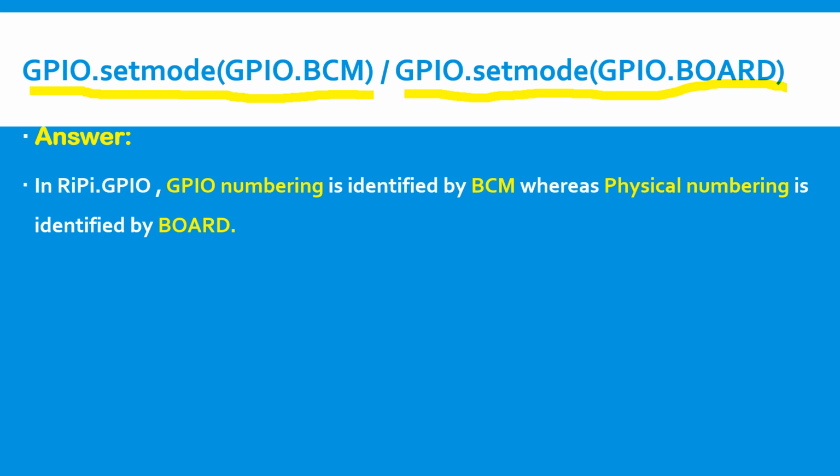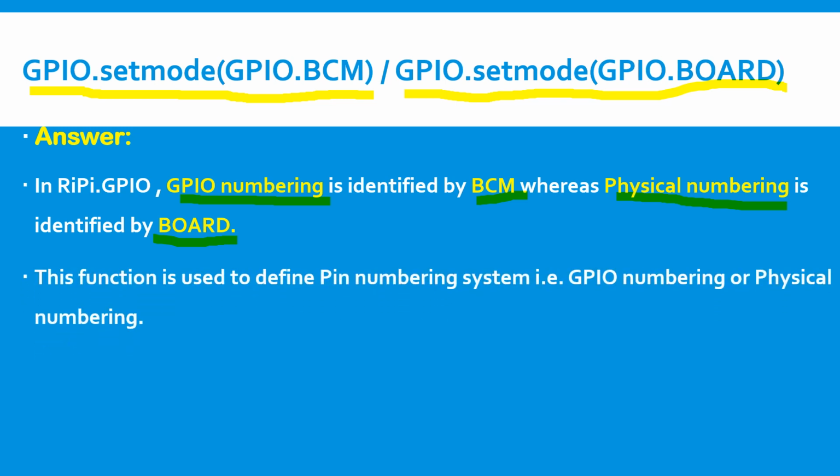We know that GPIO numbering is identified by BCM, Broadcom system on chip, and physical numbering is identified by the P1 header of Raspberry Pi, that is nothing but board.